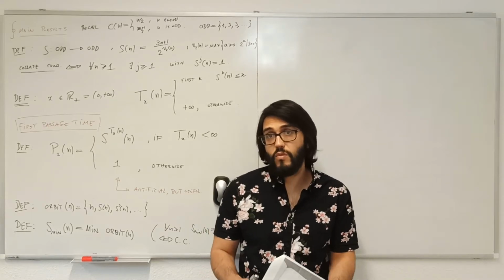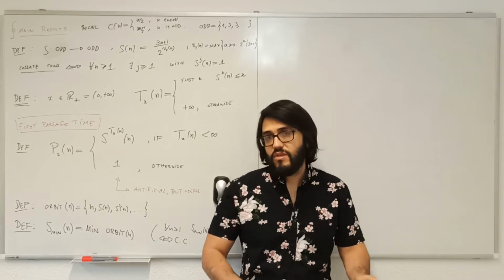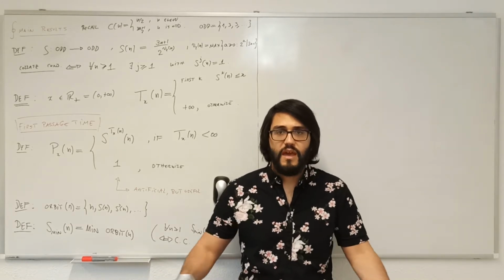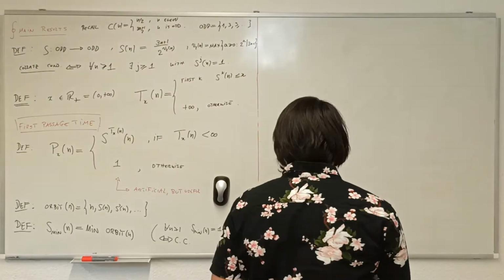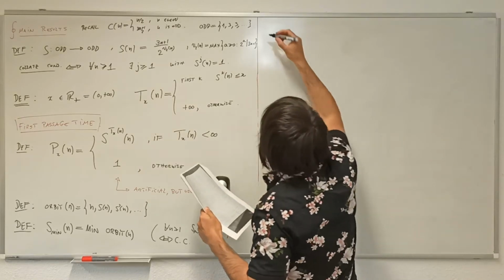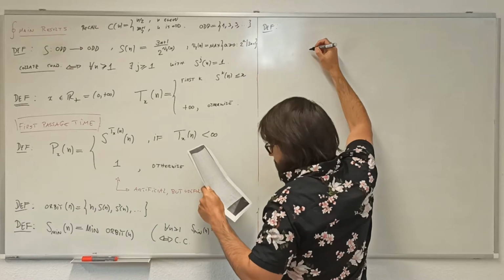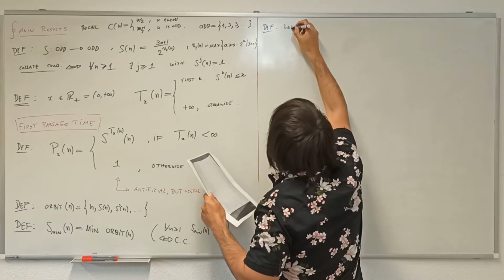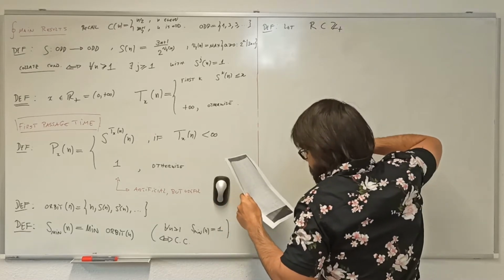Usually that word "almost all" is reserved for the natural distribution, which is just counting. But he's going to use the log distribution. So for that I need a definition. So let R be a subset of Z plus.